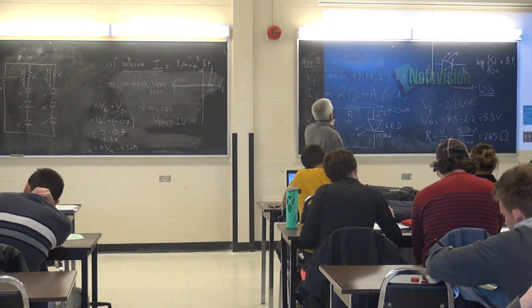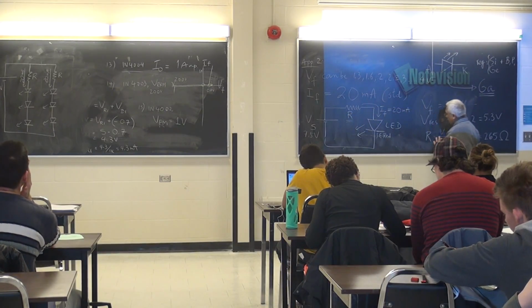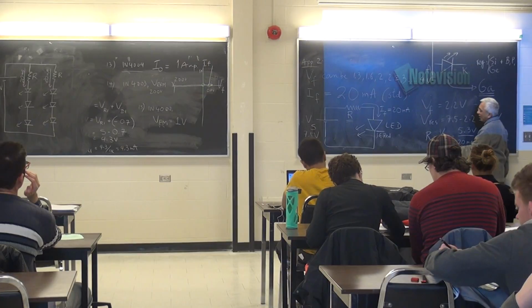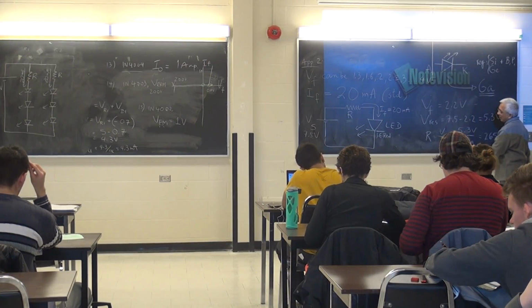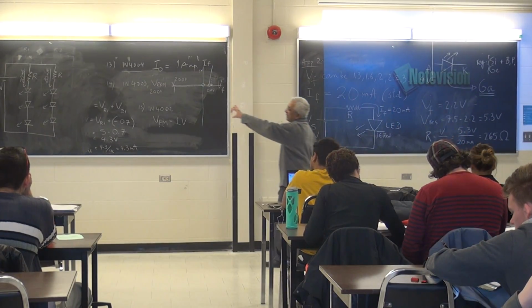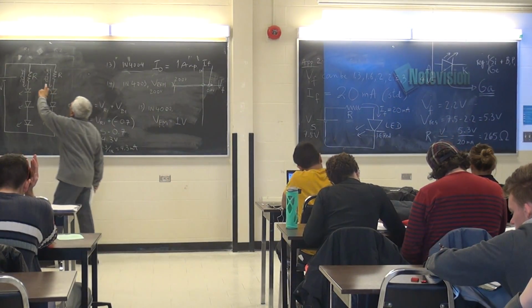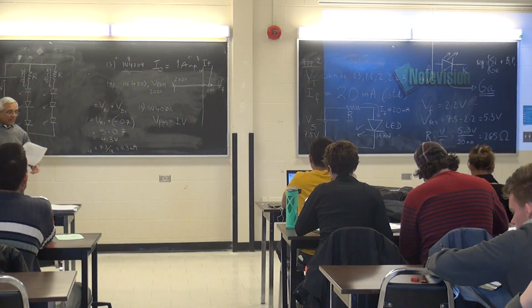So what I did here was I wanted to calculate R, so I used Ohm's law, V over I. I have to determine the voltage at the resistor divided by 20 milliamps. So what is the voltage at this resistor? What do you think is the voltage here, for example? How much do you think is the voltage here? Let's find out.